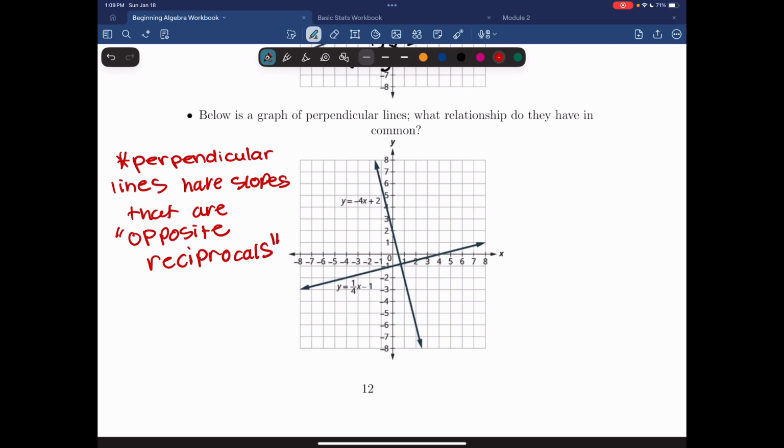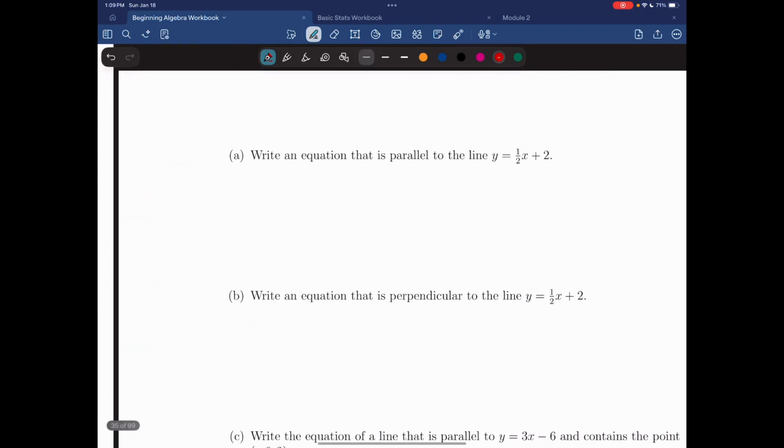So the term opposite reciprocals, what that means is opposite means that they're different signs. So we have a negative and a positive, opposite slopes. And then they're also reciprocals of each other. So 4 is the reciprocal of 1/4, or 1/4 is the reciprocal of 4. So this is the important rule that you must keep in mind for perpendicular lines.